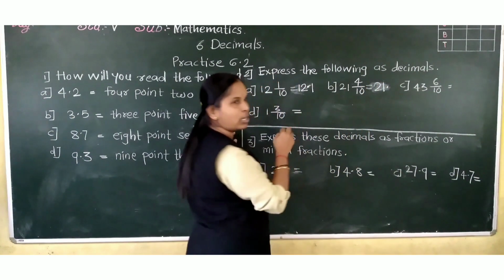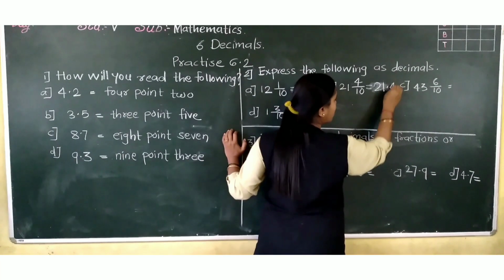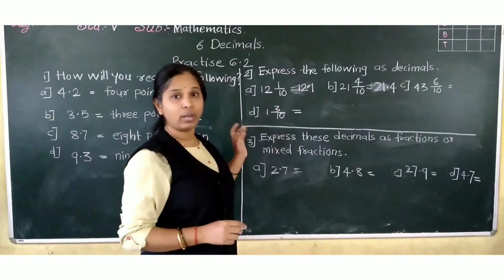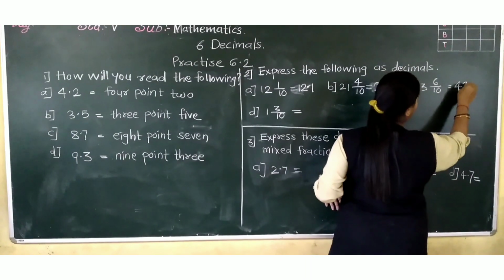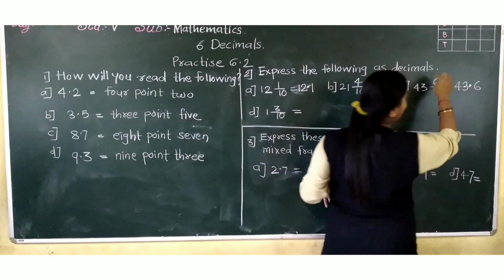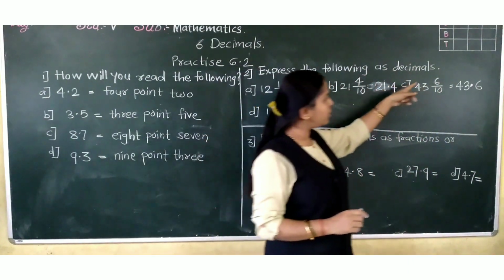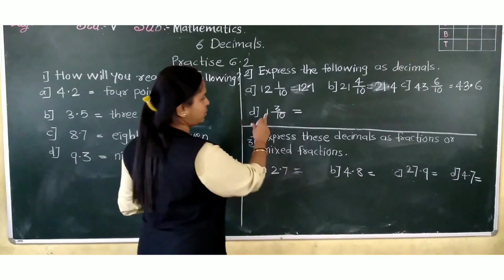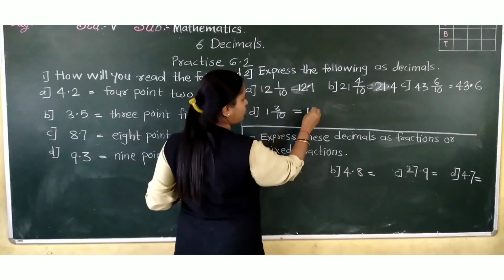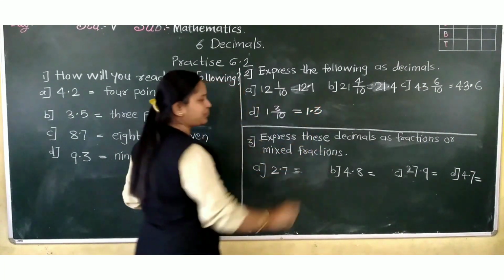What it is there at the numerator? 4. So that write after decimal. That is 21.4. Now here see, whole part is 43 point at the numerator 6. Whatever there is there at the numerator, that we have to copy down. Next, whole part is 1.3.